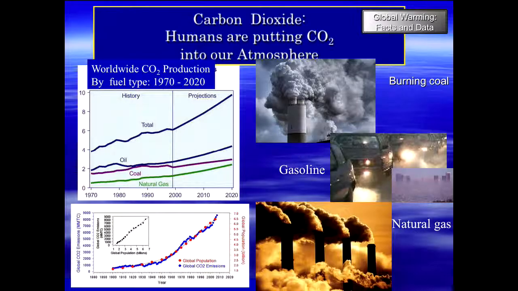But if you've ever heard of the phrase smoking gun, you can draw your own conclusions. And international teams of scientists from all over the world have examined this question, and they've concluded that there's a very high probability that it is indeed the carbon dioxide we put into the Earth's atmosphere that, in fact, is causing the rise in carbon dioxide in the Earth's atmosphere.